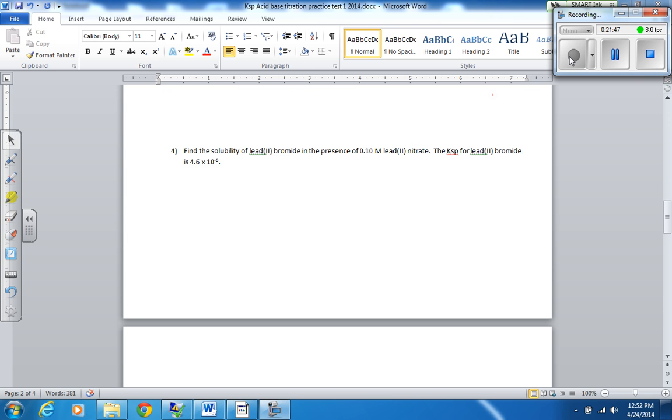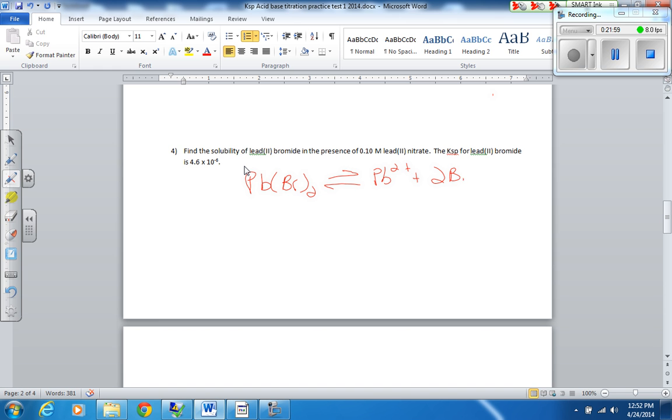Okay, so we won't solve for this completely. The reaction: PbBr2 makes Pb2+ plus 2Br-. We know we're dealing with this reaction because you're asked for the Ksp for lead bromide. Okay, it's in the presence of lead nitrate. You look for the common ion.